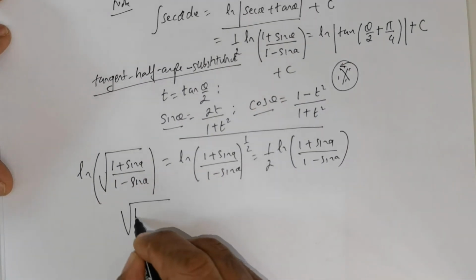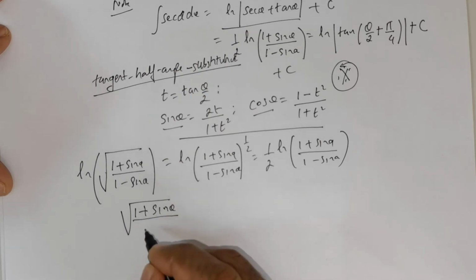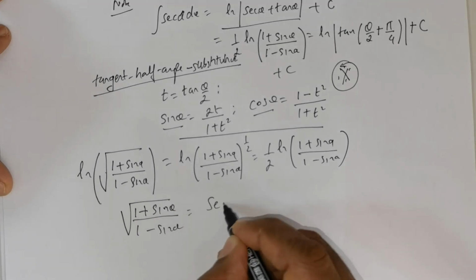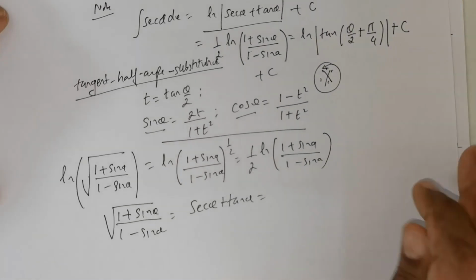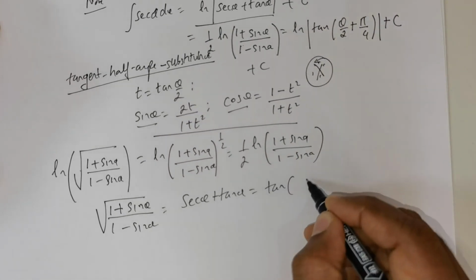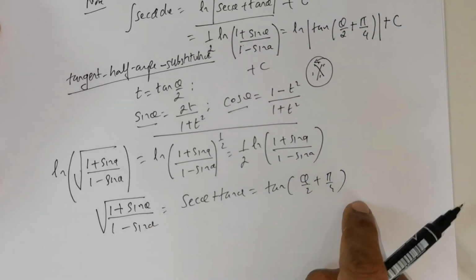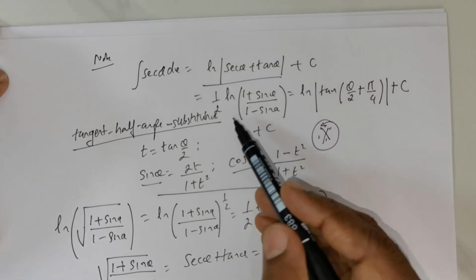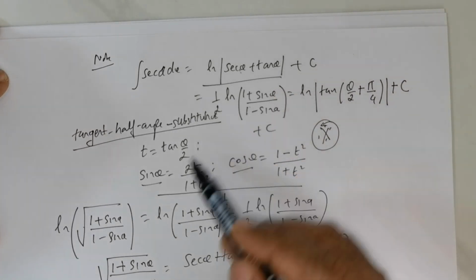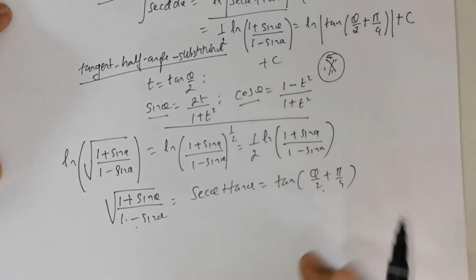So my idea is to show that the root of (1 plus sine theta) divided by (1 minus sine theta) is the same as secant theta plus tan theta, which in turn is the same as tan of (theta over 2 plus pi over 4). If I can show all these are equivalent, that means I can very well substitute in place of this, this, and in place of this, this. So that's the main idea.